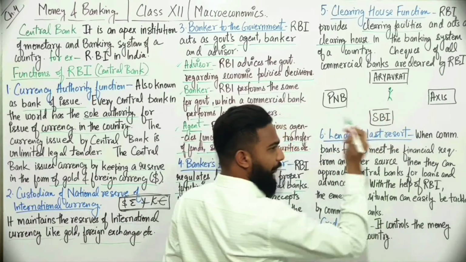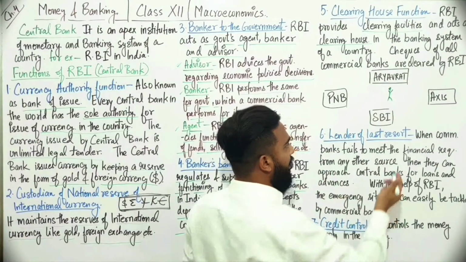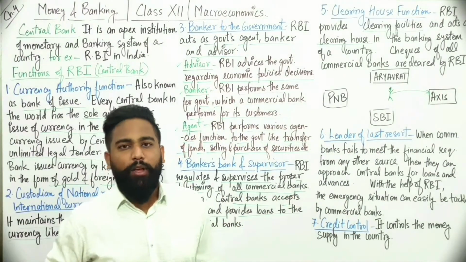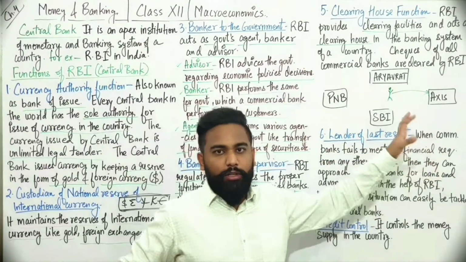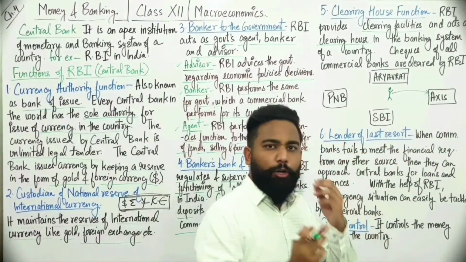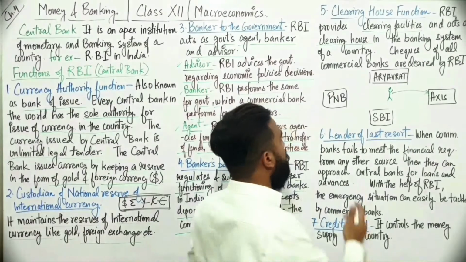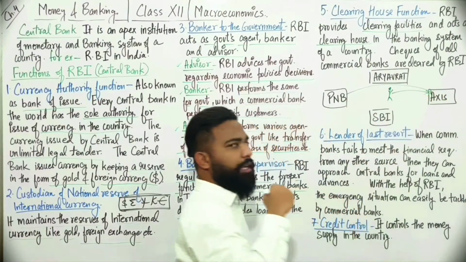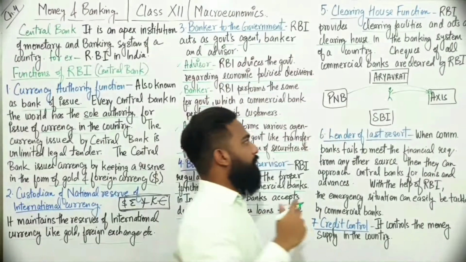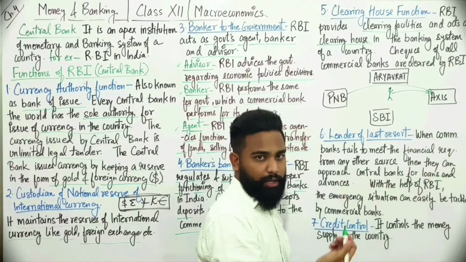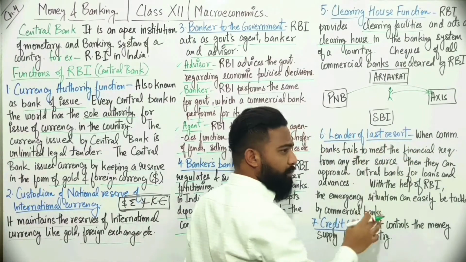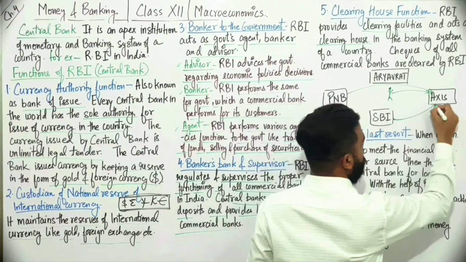He'll just draw a check and it will be sent to the Axis Bank. Now, what will Axis Bank do? There are basically 2 or 3 days in which PNB will send that money to Axis Bank, and there might be other people also. Suppose there is one person doing a transaction from SBI to Axis.